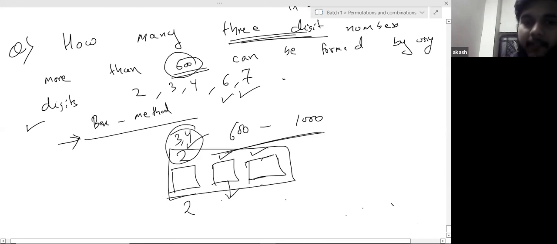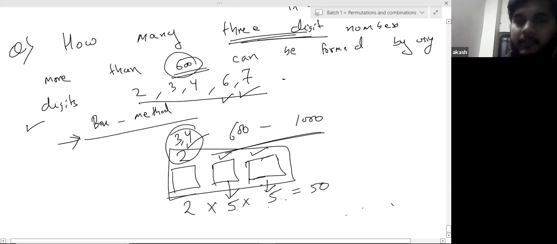Now here I can fill any number and that would be more than 600. So I have a total of 5 digits. So I can fill 5 digits here, also 5 digits here. So 2 into 5 is 10, 10 into 5 is 50. This is the answer. Two options to fill the first box, 5 options to fill the second box, 5 options to fill the third box.